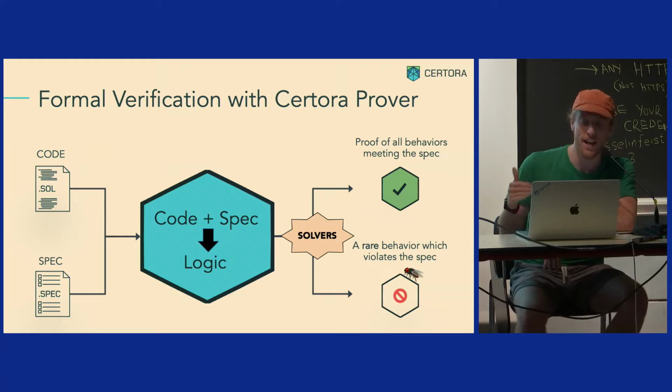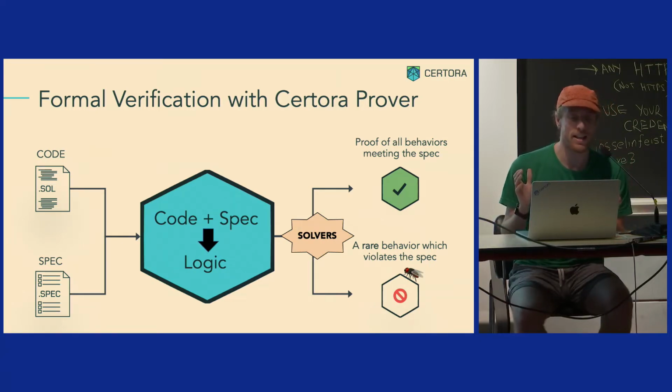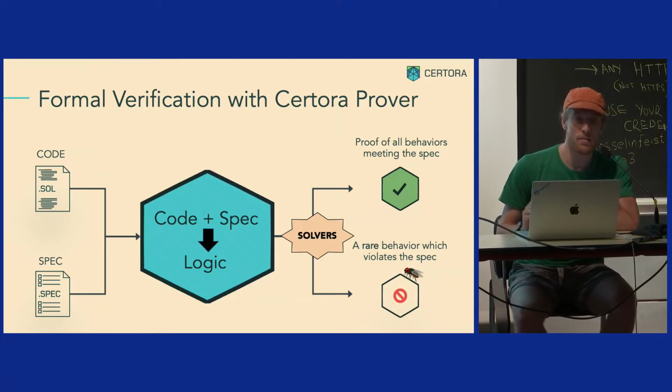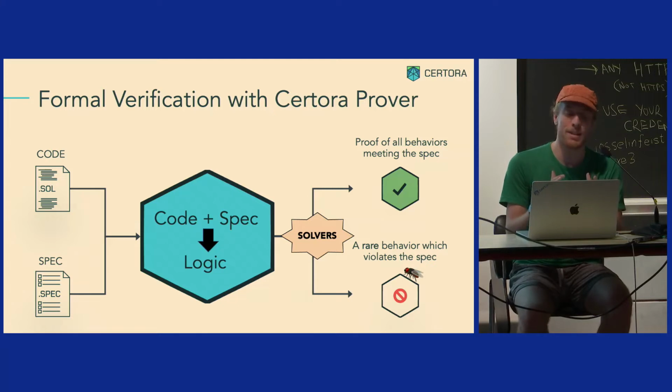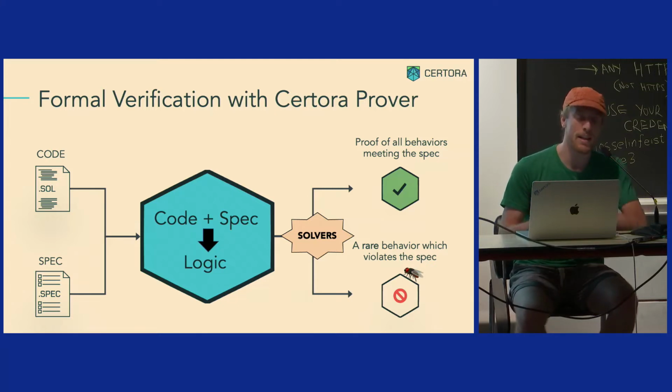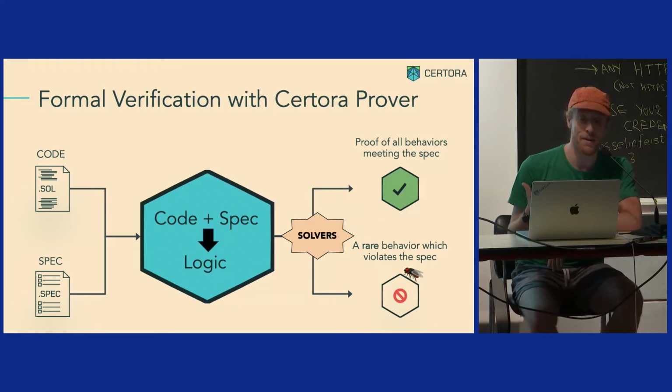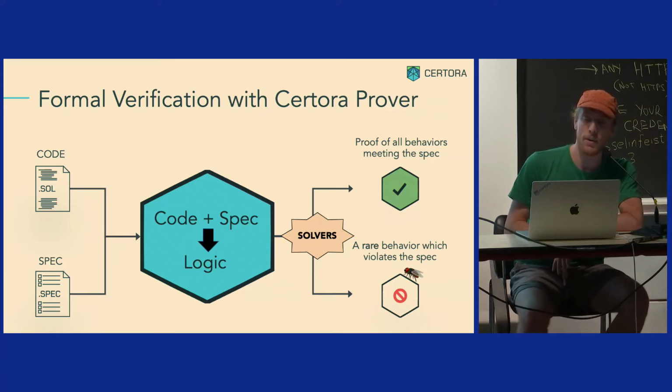Well, a very, very high level view of what happens is we take the code, we take the spec, and we sort of combine them together into a logical formula. Now this is a very simple view of a lot of complicated steps. But once we get this logical formula, an SMT formula, we send it off to a bunch of off-the-shelf solvers.